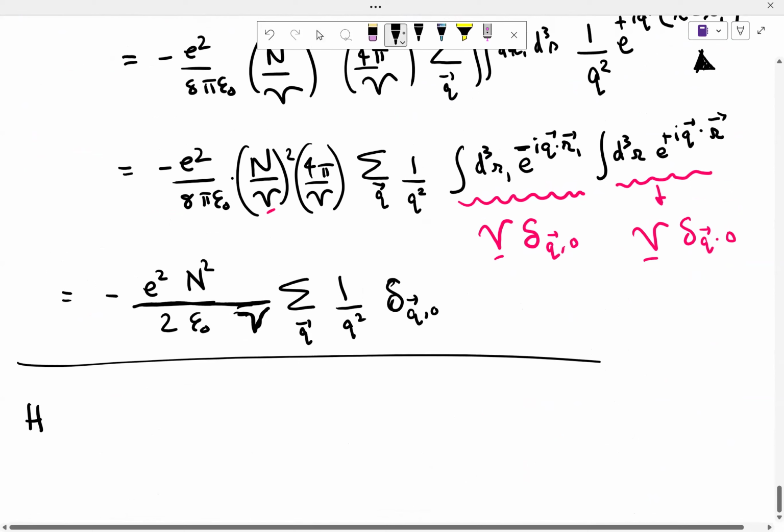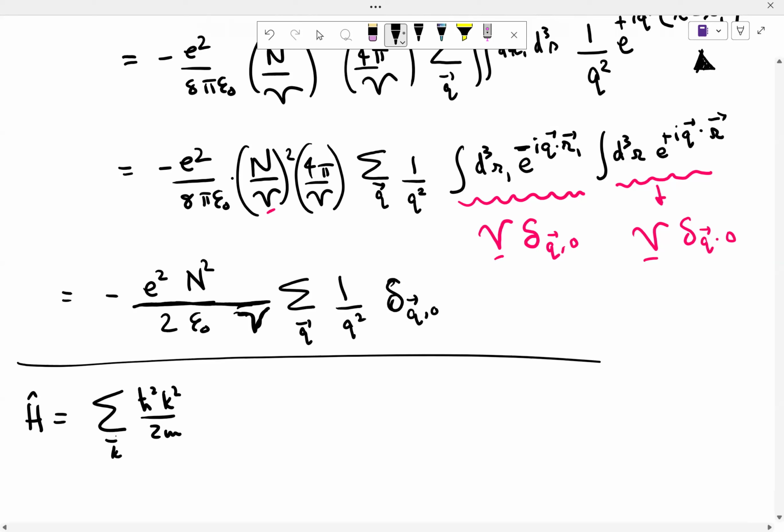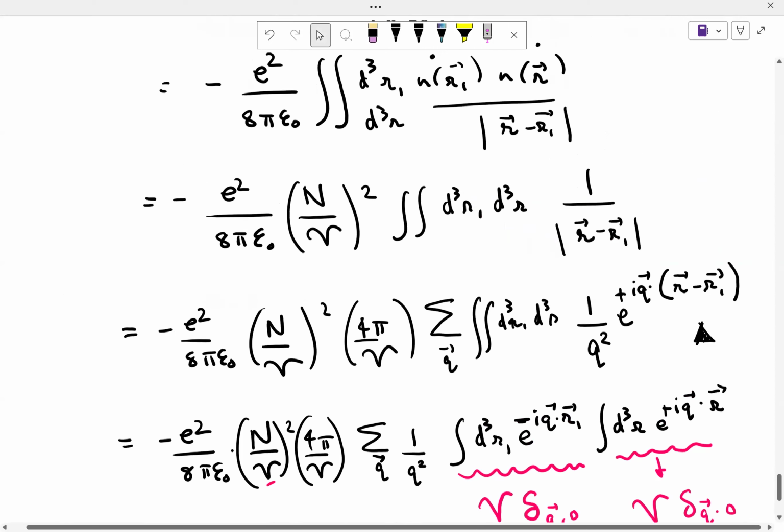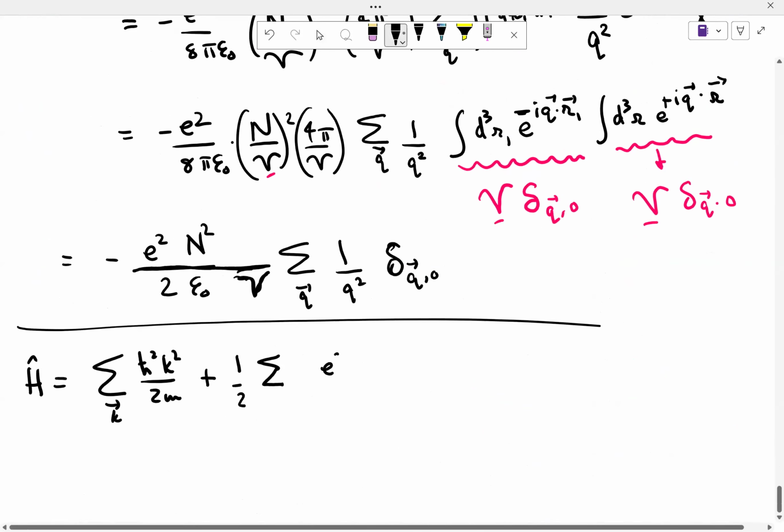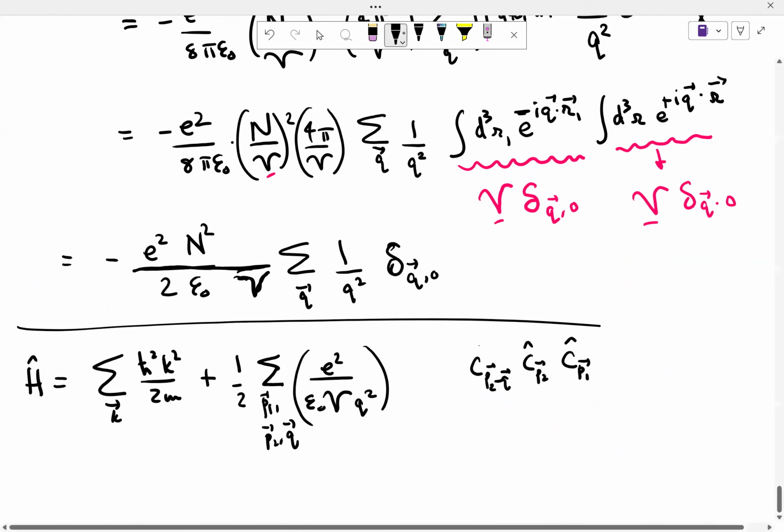So overall, I have H becomes h bar square k square over 2m summed over all ks, plus half e square over epsilon naught V Q square, sum over P1, P2 and Q. And then I have C dagger P1, C dagger P2, C P2 minus Q, C P1 plus Q. By the way, these electrons can also have spins.